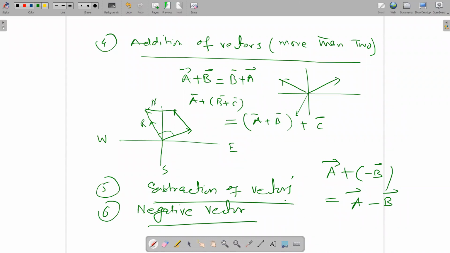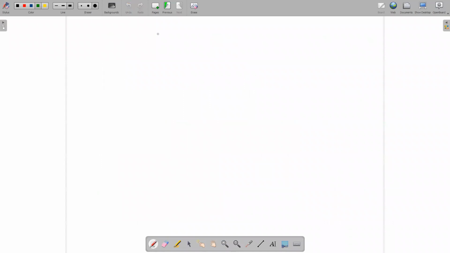How? This is what we have done. Suppose we have this A vector and this is our B vector. If I connect this one here, then this is our resultant, and this resultant is A plus B vector. This is A vector, this is B vector.